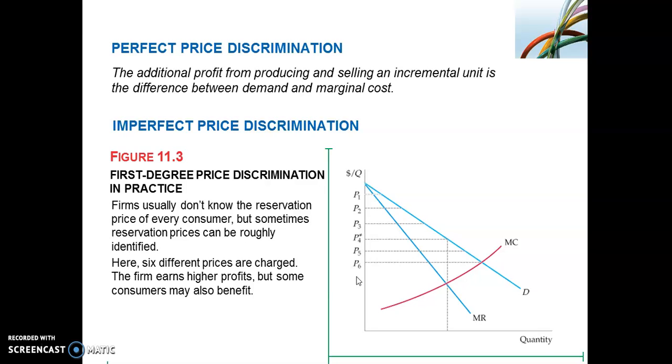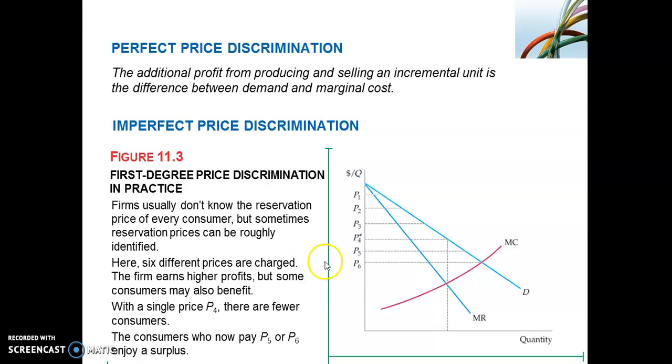As a result, the firm can earn higher profits, but at the same time, some customers may also benefit. Because if you think about it, there are these customers at P5 and P6 that would not have been a part of that market because they would not have paid this price P star or P4. But now, as a result of being allowed to pay the reservation price at P5 or P6, they gain some consumer surplus and are better off, but the producers are also better off because they can also capture some consumer surplus from those willing to pay a higher price than P star, P4.